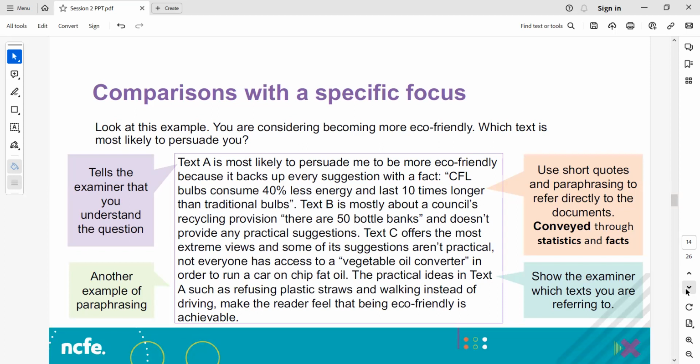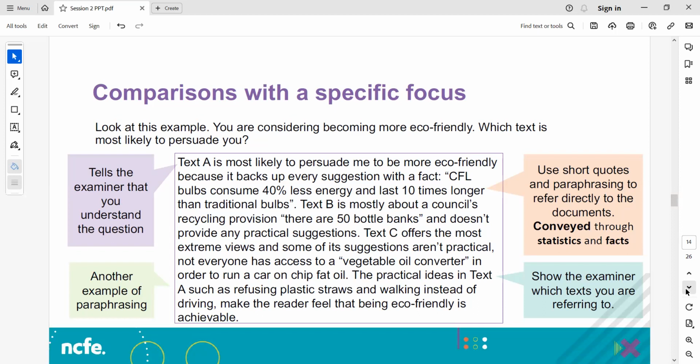Text C offers the most extreme views and some of its suggestions are practical. Not everybody has access to a vegetable oil converter in order to run a car on chip fat oil. The practical ideas in text A, such as refusing plastic straws and walking instead of driving, make the reader feel that being eco-friendly is achievable.